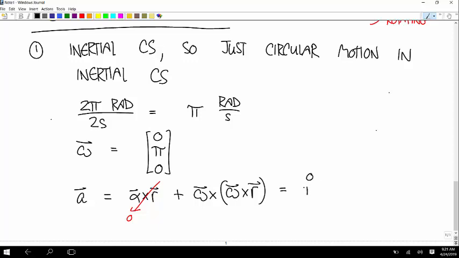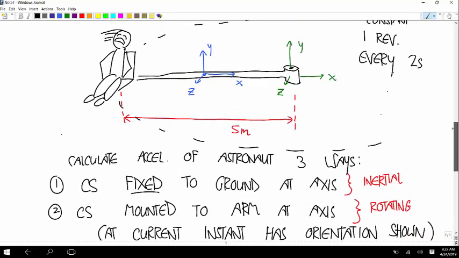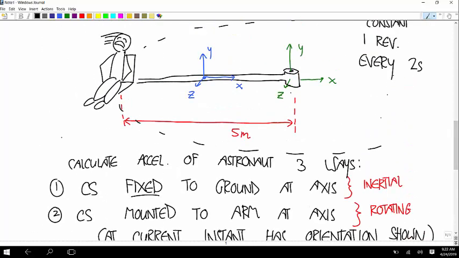Omega is 0 pi 0, and we're crossing that with the quantity 0 pi 0 crossed with the r vector. The r vector goes from the center of the circular motion to the point in question. So what's the r vector here? The center of the circular motion is the origin.